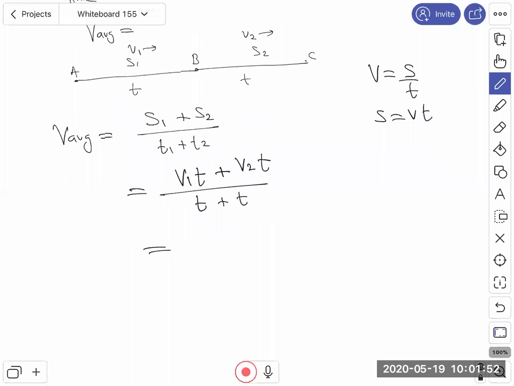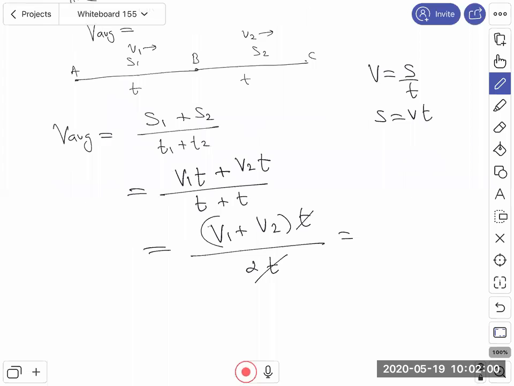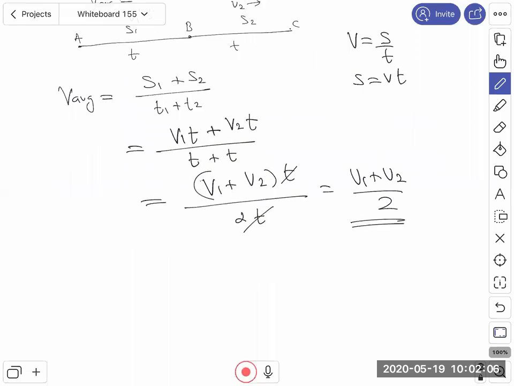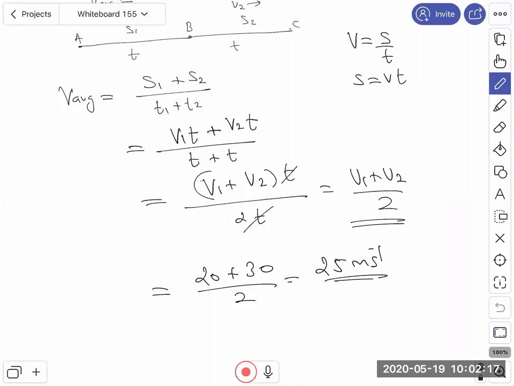So we get v1 plus v2 into t divided by 2t, and cancelling t, the final answer is v1 plus v2 divided by 2. According to the question, 20 plus 30 divided by 2, that is 50 by 2, or 25 meter per second. Is that clear? Yes.